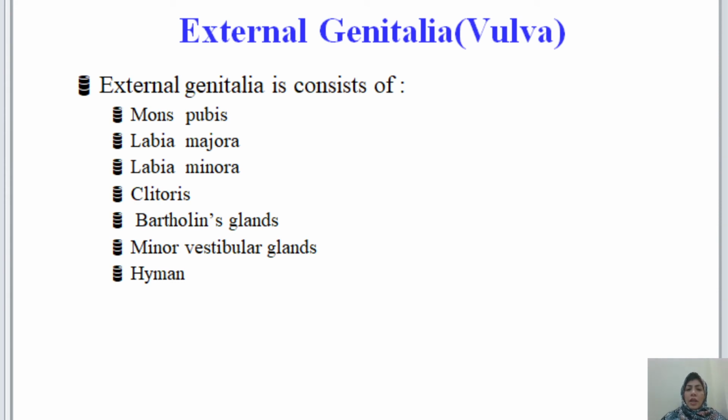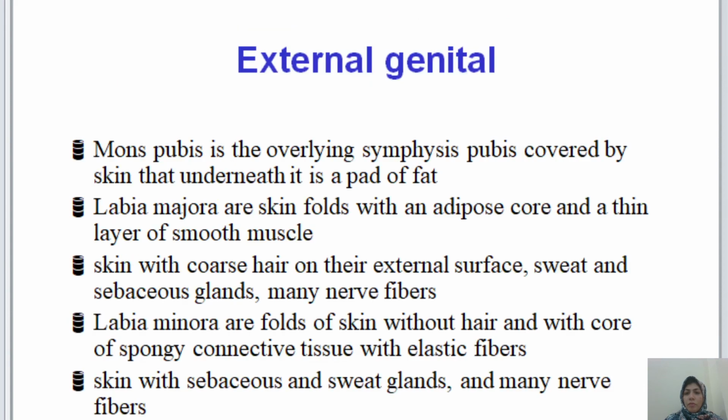External genitalia are another organ of the female reproductive system, and they consist of the mons pubis, labia majora, labia minora, clitoris, Bartholin's glands, minor vestibular glands, and hymen.